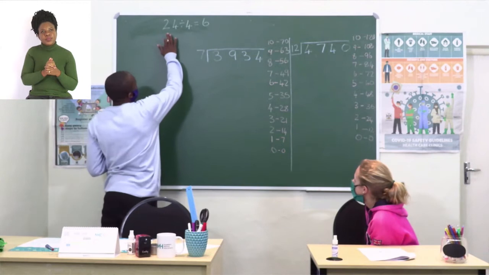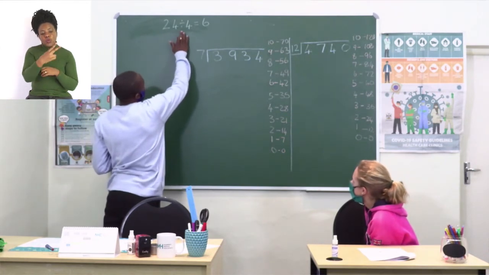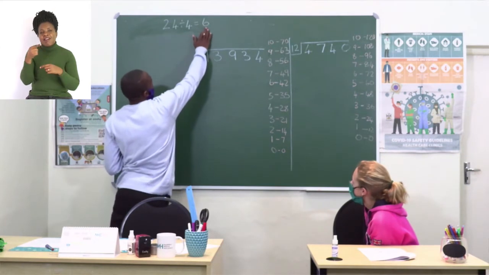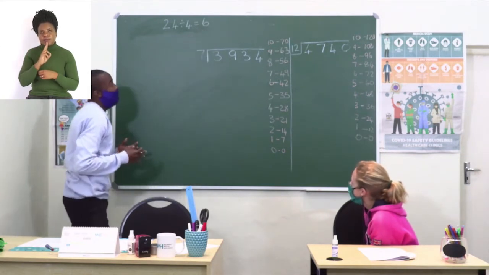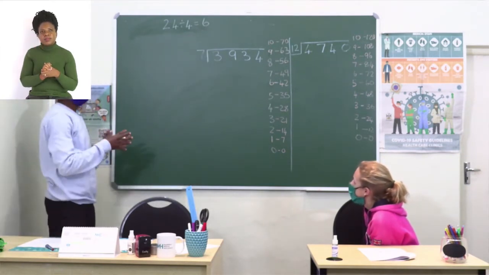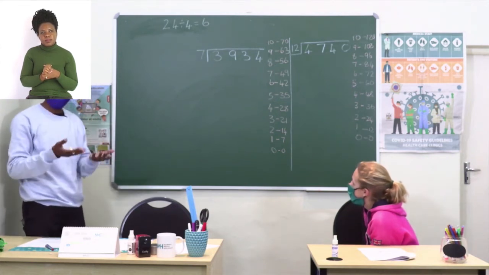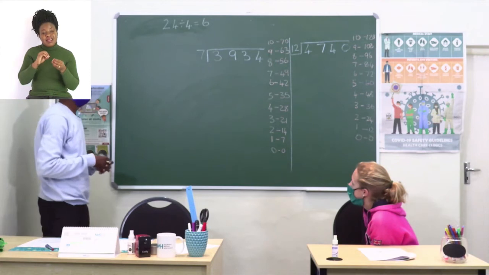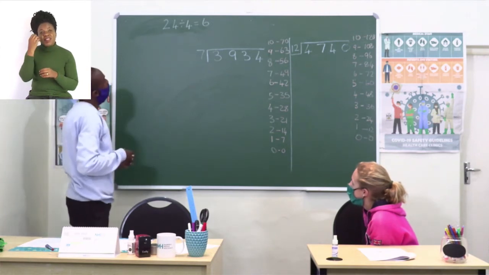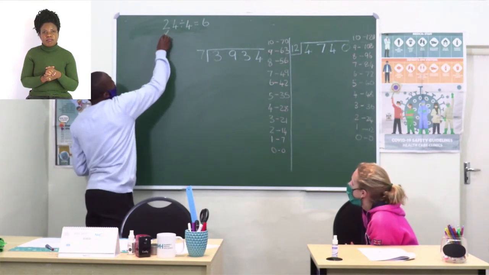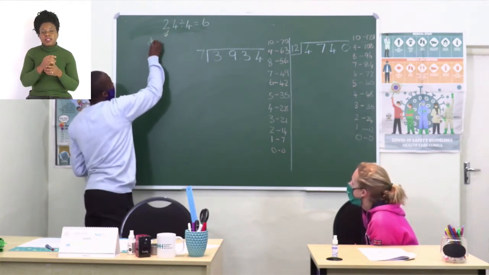Here we have 24 divided by 4 is equal to 6. Now, depending on the position of these numbers, they have different names. All right. In this case, this 24 is called your dividend.